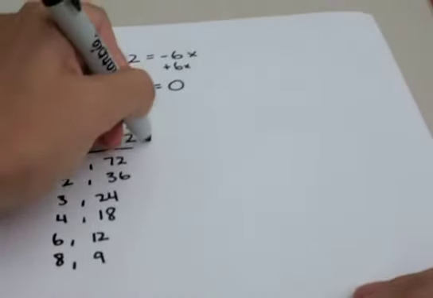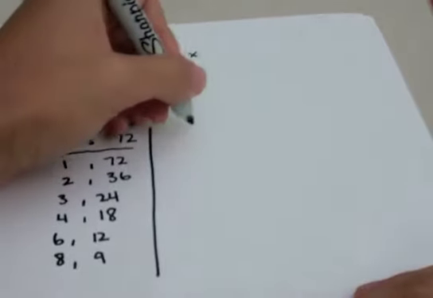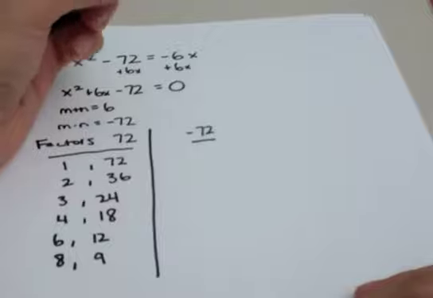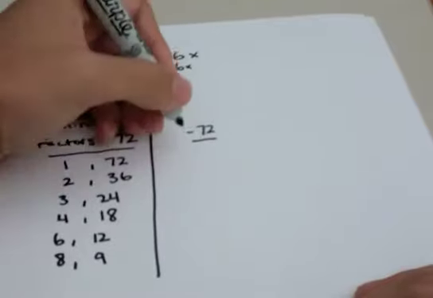So we've got that, but now we're looking for negative 72, so we need to write all the factors that could potentially give us negative 72.